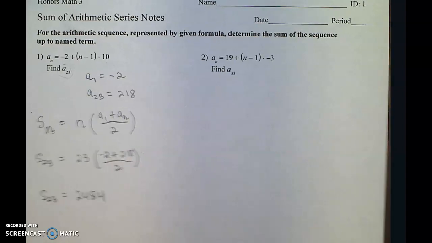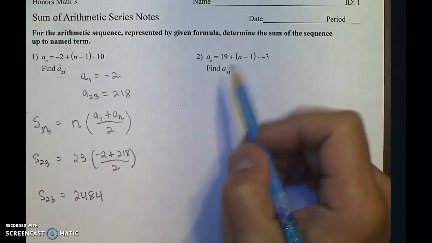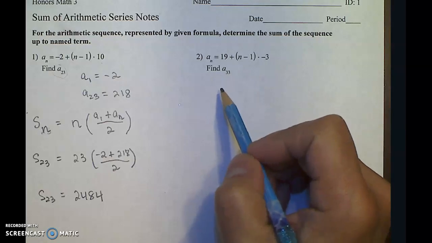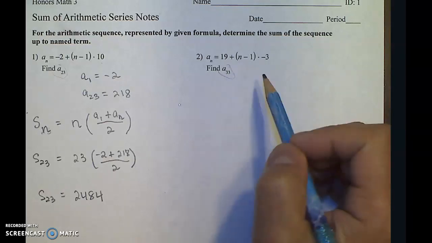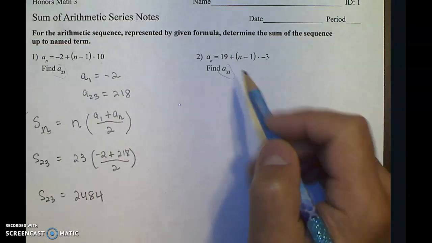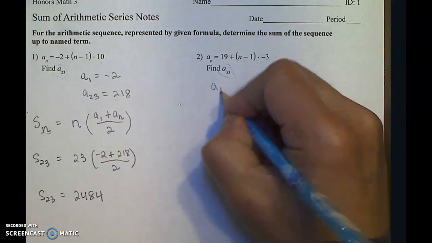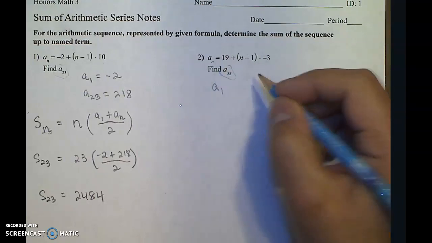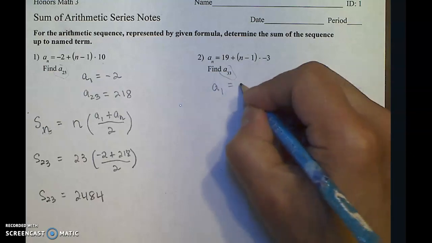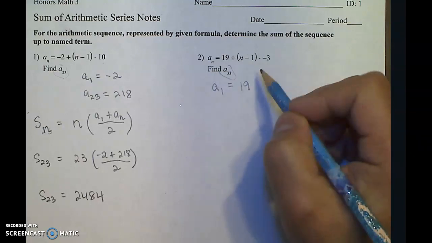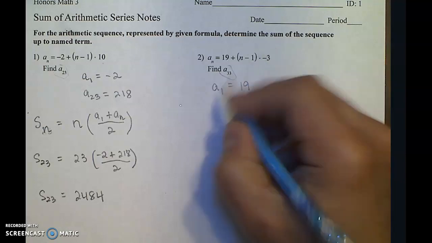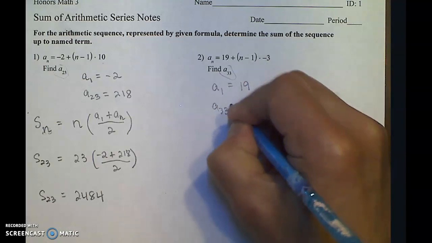Okay, so let's move on to example number 2. So we want to find the sum of the first 33 terms. So we're going to the term 33. Again, we'll use the formula that's given for the sequence. The first term is 19 when we plug in 1. And we need to find the 33rd term.